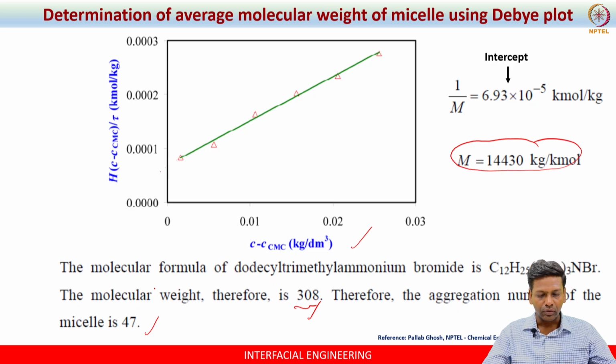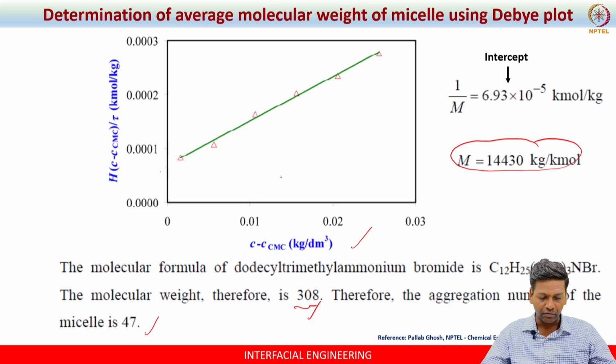This implies the number of monomers used to make up the micelles. So you can understand that this aggregation number is coming from the data that we obtained from the scattering.